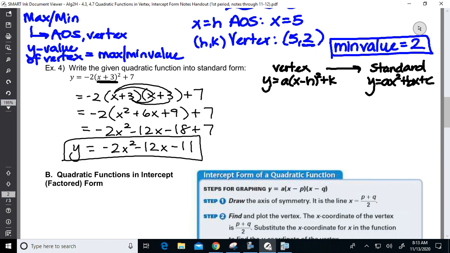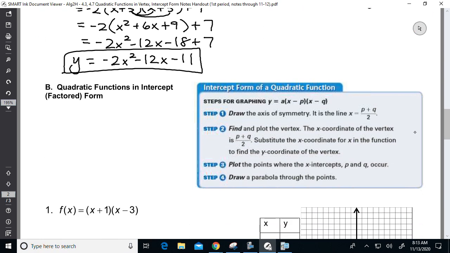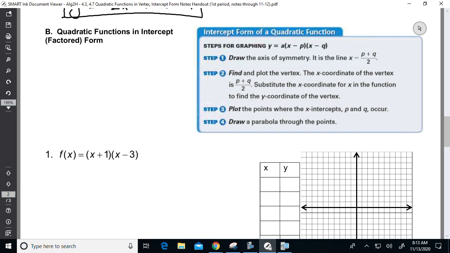So intercept form is also known as factored form. With intercept form, your y equals a parentheses x minus p, parentheses x minus q.